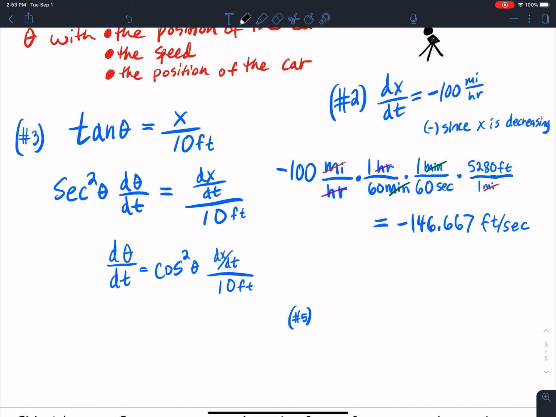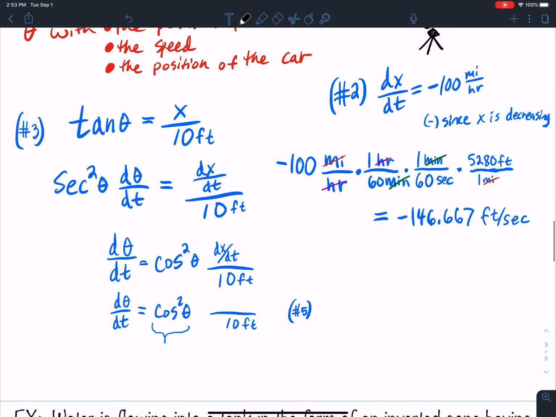So now, number 5, I'm going to take all the information I have from the first couple of parts and plug it into my derivative equation. So what do I want? I want cosine of theta, and I'm going to plug in a dx dt here. Now, the dx dt is no biggie. It's the theta.